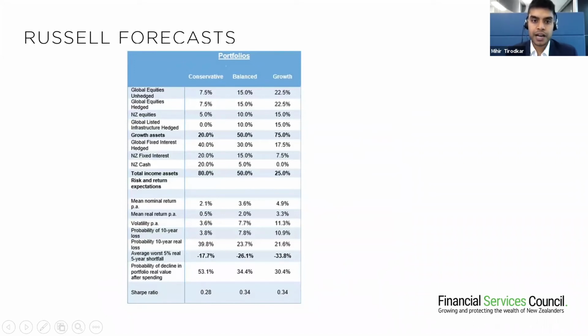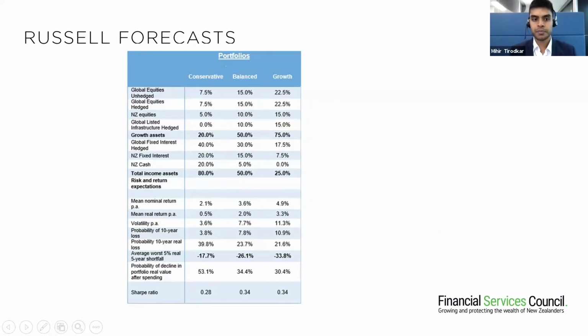Now, I just want to talk about what we look at at Russell Investments in terms of a typical conservative, balanced, and growth portfolio. Now, you may have heard the terms growth assets and income assets. Typically, we combine various asset universes into what we consider to be a growth asset universe and an income asset universe.